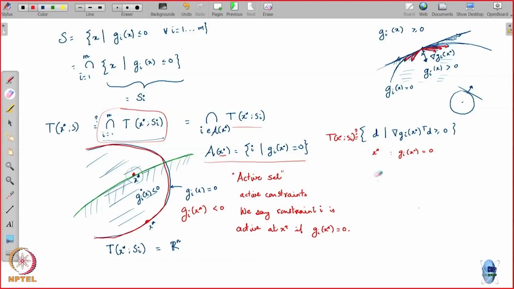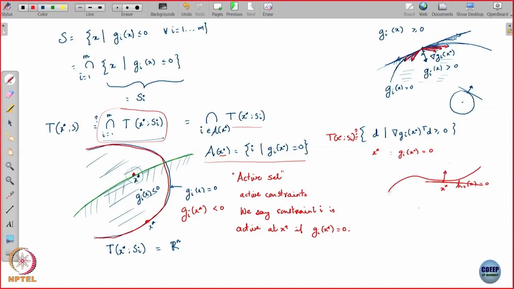Suppose I had an equality constraint, a surface h of x equal to 0, and I took a point x star on this surface. You would think that the tangent to this would be something like this.